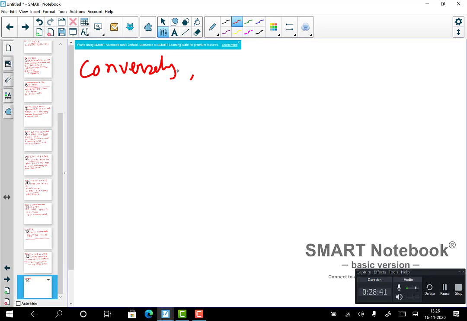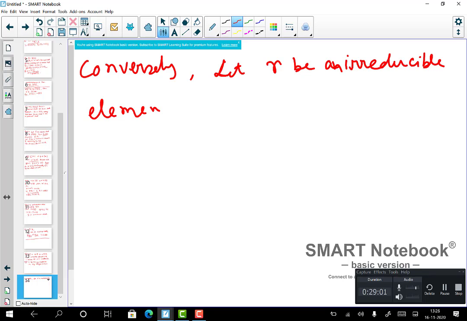you start with, say, let r be an irreducible element in R. Now I need to show that r is a prime element. So what does that mean?